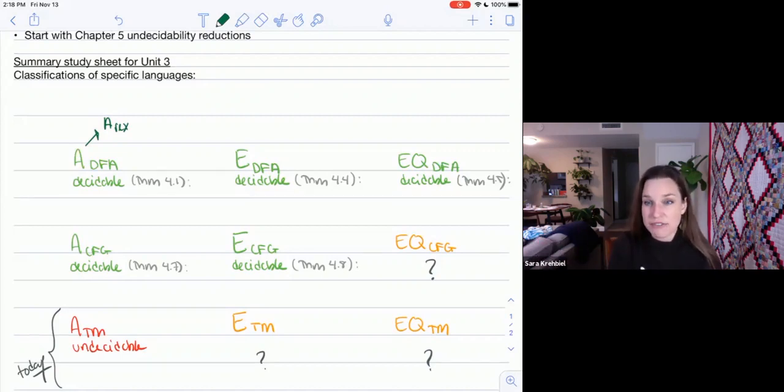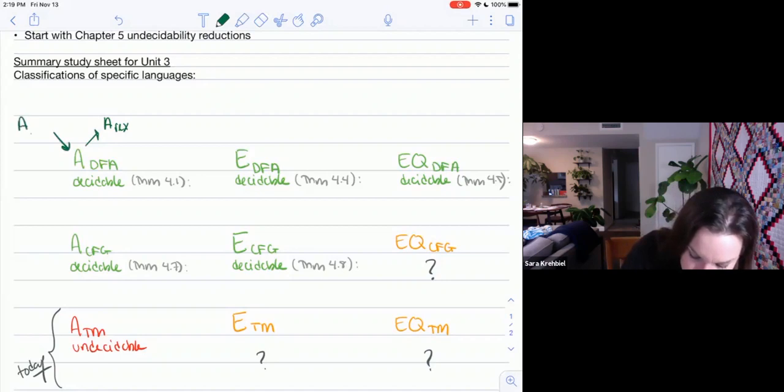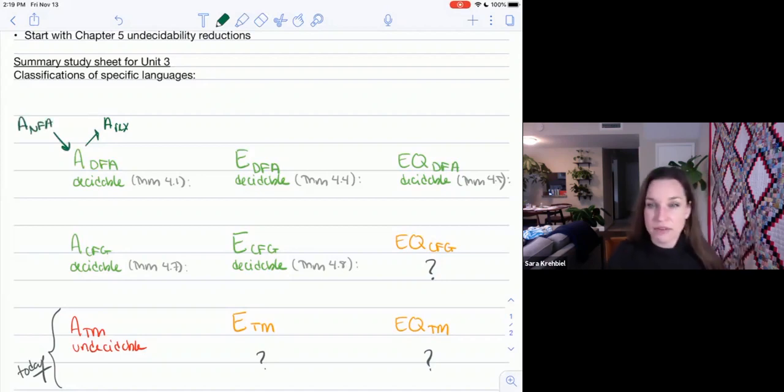But if I can take a DFA and convert it into a regular expression, that means that if I had a way of solving a regular expression, I could have a way of solving DFA. So that's not the direction of implication that we want. The direction of implication that we want is, if I instead look at an NFA, I could convert an NFA into a DFA. And because I know that the acceptance problem for DFAs is decidable, that means the acceptance problem for NFAs is decidable.